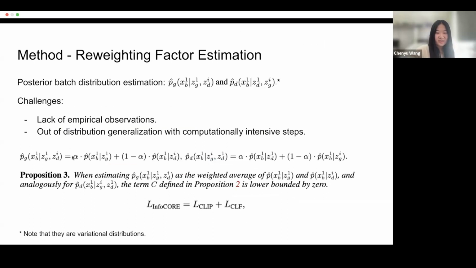And this hyperparameter alpha represents a trade-off between getting access to more negatives to improve the model's generalization capability, and removing the bias or mitigating the batch confounding issue from the data. And we can also see that when alpha equals 1, this loss will collapse to the normal InfoNCE loss in the clip model.